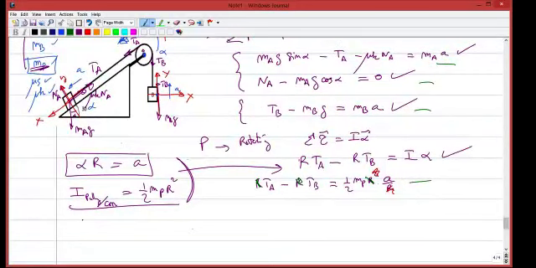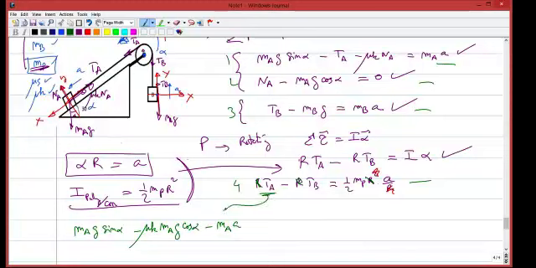Okay? Let's solve for TA on the first one, TB on the second one, and let's substitute in the last one. So as we solve for TA in the first equation and substitute it in the 4th equation, we end up with MAg sine alpha minus mu k NA, and NA is MAg cosine alpha, minus MAA.